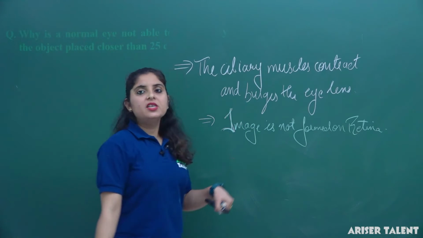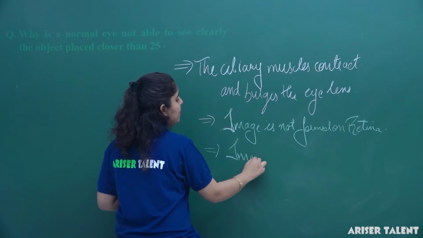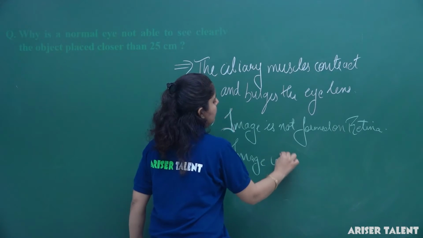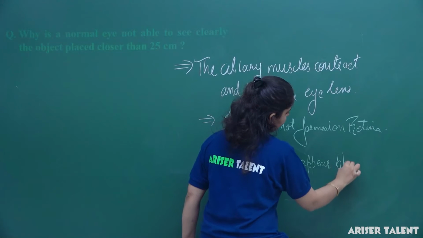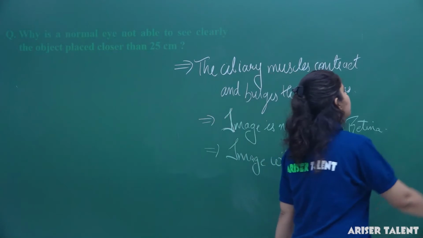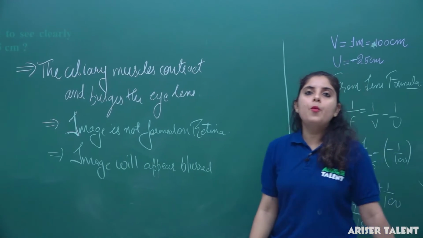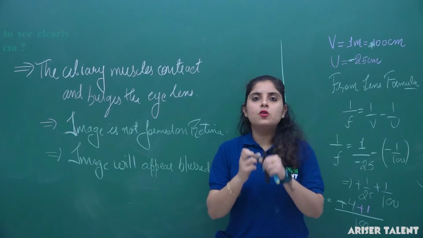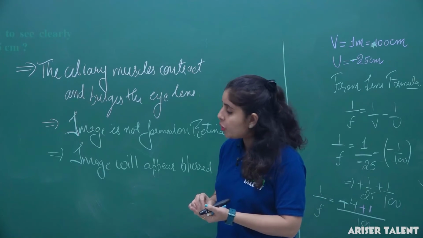And the image is not going to be formed on the retina, the image will appear blurred in this case. So you will see that the image is going to be blurred if you hold the book or you see at a distance of vision less than 25 centimeter. So this is a theoretical question you have.